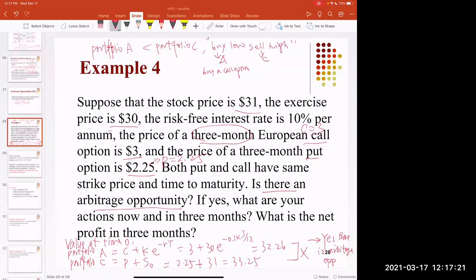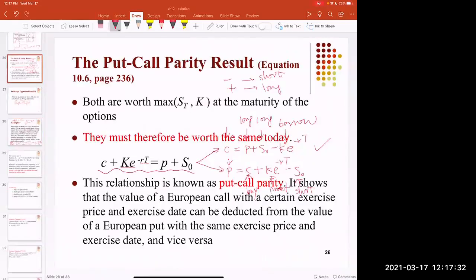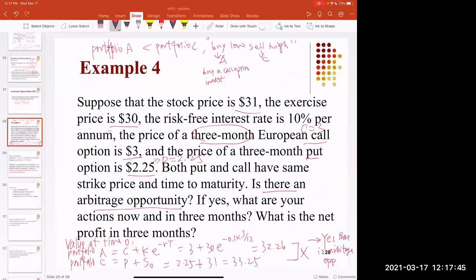And buy a bond. Buying a bond is investing. I showed you here. If you buy a bond, you invest. So you invest. These are 2 actions.